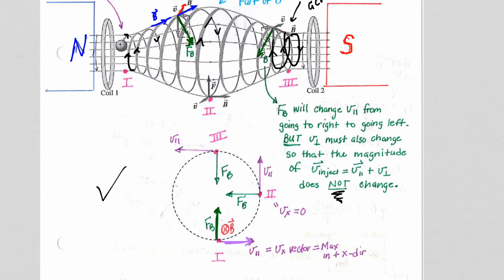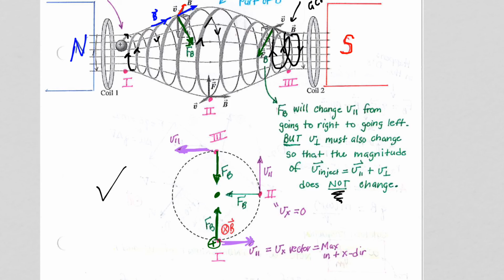Do QV cross B, your thumb is up if this is a positively charged particle. Well, that continues until you get to the top, where now look, it's reversed direction. It's now going to the left. So the particle was going to the right down here. It's going to the left up here. It hasn't changed direction. And the magnetic force has changed direction now to down, but still radially in.